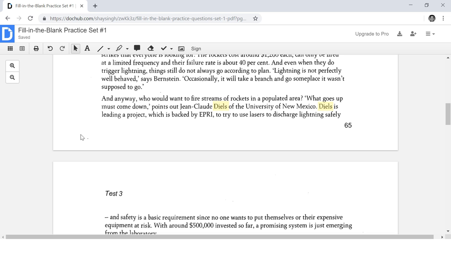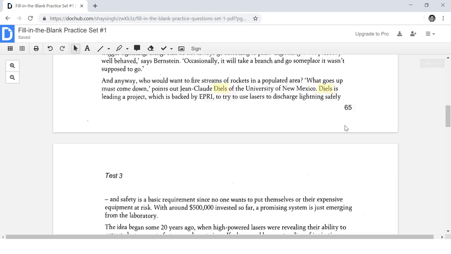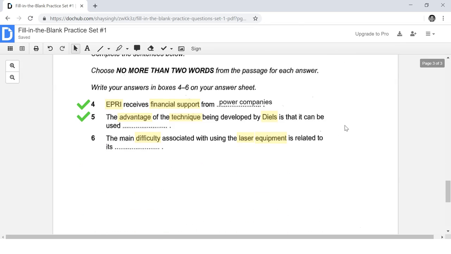It says that DLs is leading a project backed by EPRI to try to use lasers to discharge lightning safely. That seems to me to be an advantage, to use lasers to discharge lightning safely. And here we are talking about the use. So the correct answer would be that it can be used to discharge lightning safely.